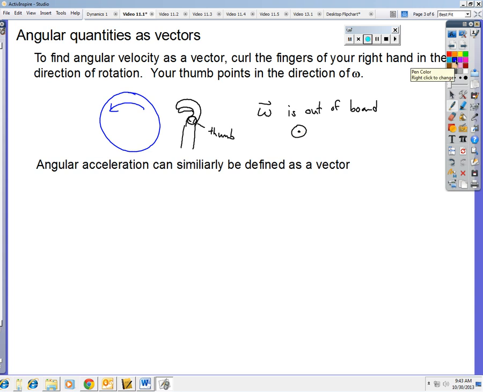So let's say that this wheel is rotating counterclockwise, but it's slowing down. Now because it's slowing down, the angular acceleration is going to be opposite the velocity. And so if we take our right hand and we curl it in the direction of the acceleration, the thumb points into the board.